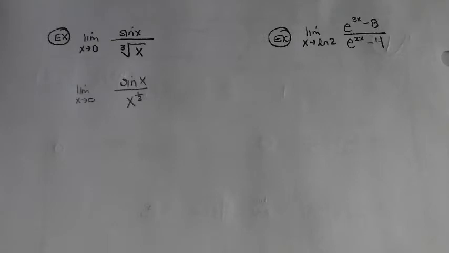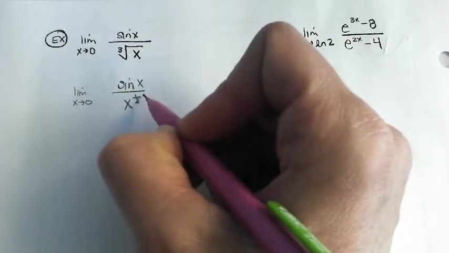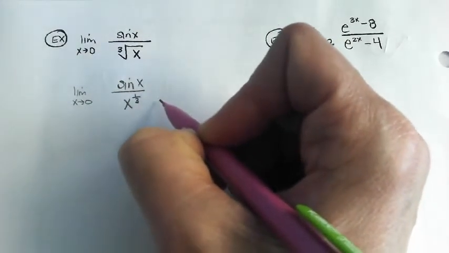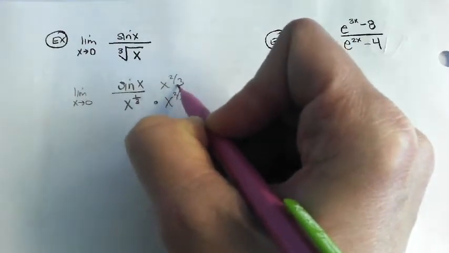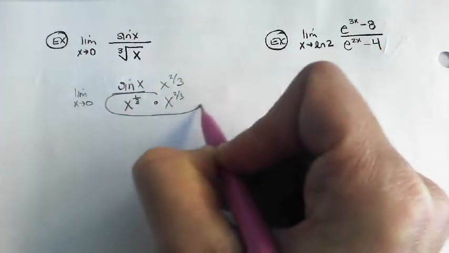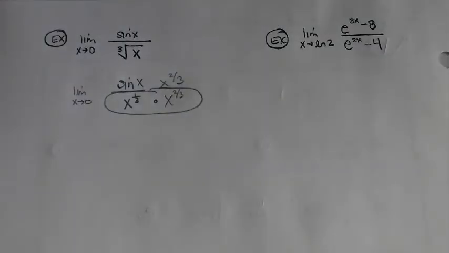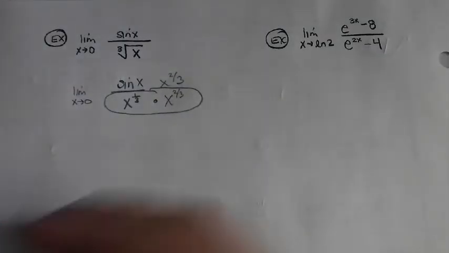So, what do we want the denominator? What do we wish the denominator was? X. What could we multiply by to make it x? Correct. Capitalizing on exponent rules, if I multiply by x to the 2/3 over x to the 2/3, this denominator does become x to the 3/3, or just x.